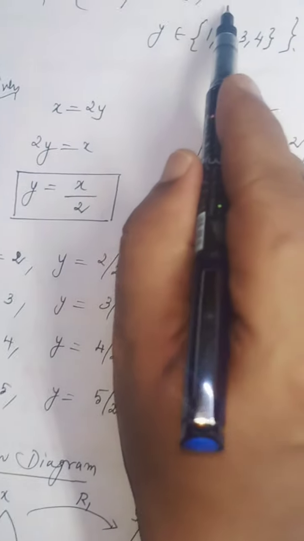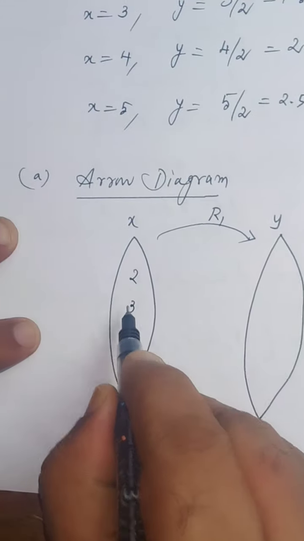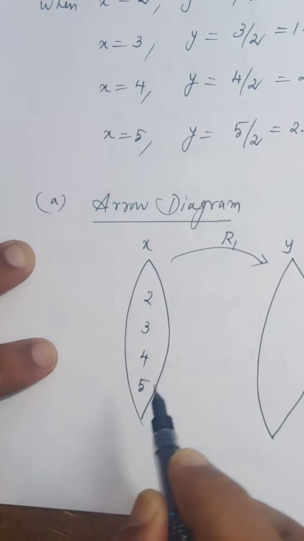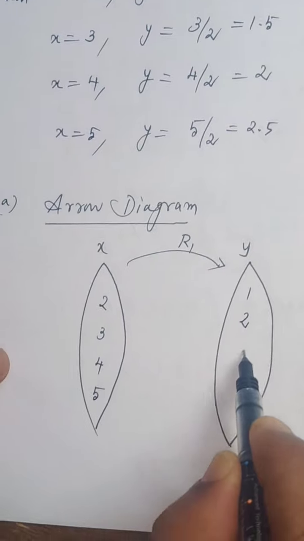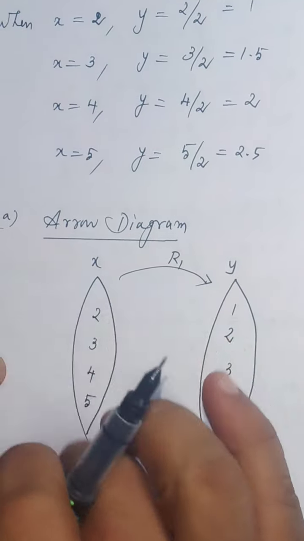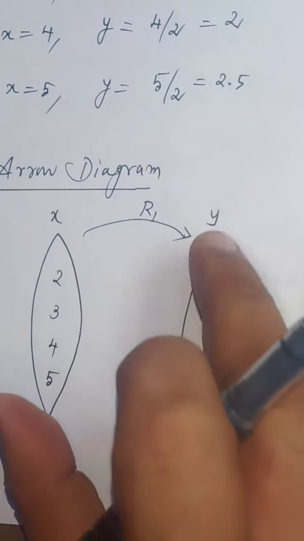What are the elements in X? 2, 3, 4 and 5. What are the elements in Y? 1, 2, 3, 4. The set X represents the domain. The set Y represents the codomain. Remember.